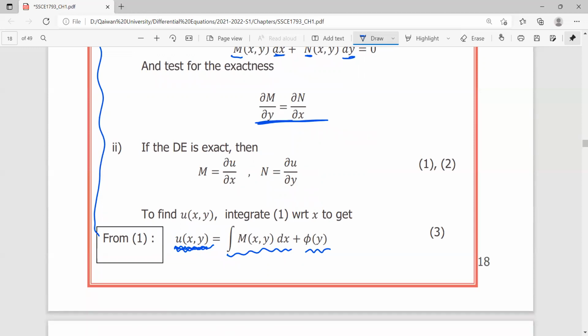It's constant with respect to the integration, because the integration is with respect to x, and we just added phi of y to the result of the integration. Here we are not going to add C after taking the integration.